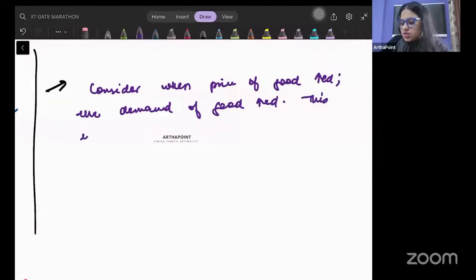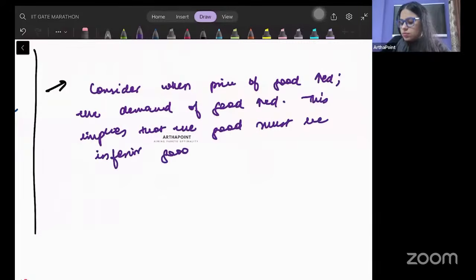This implies that the good must be an inferior good. When price increased, demand of good increased. This implies that the good must be an inferior good.